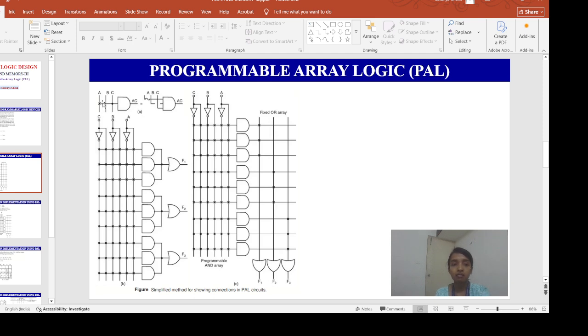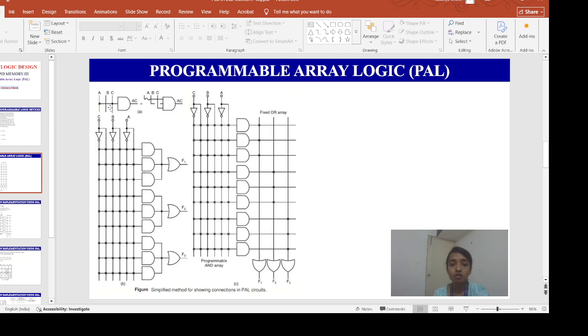The cross sign denotes a connection through an intact fusible link, and the dot sign represents a permanent connection.